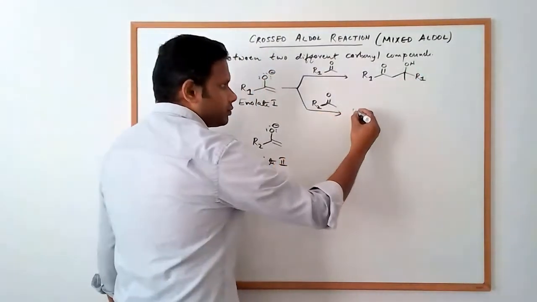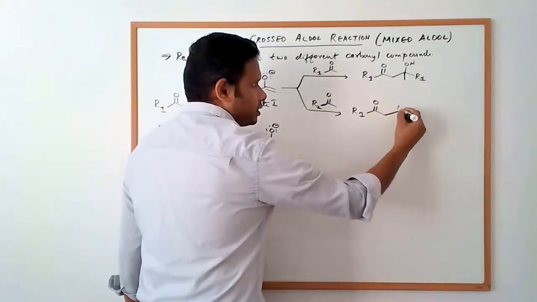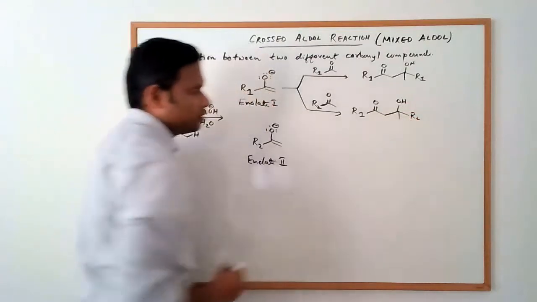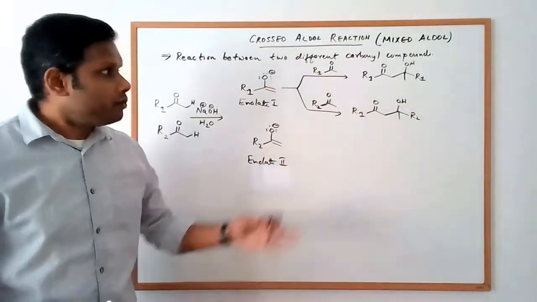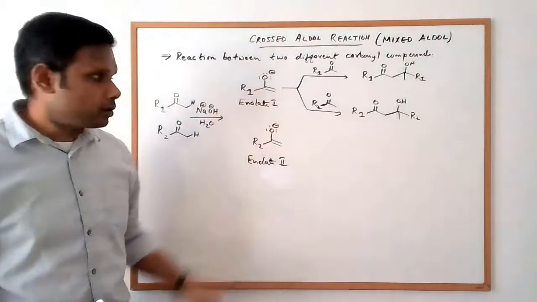Or if it reacts with compound 2, then we'll get a different beta hydroxy carbonyl compound, which is going to be this compound here. So we'll get two different beta hydroxy compounds from this first enolate.